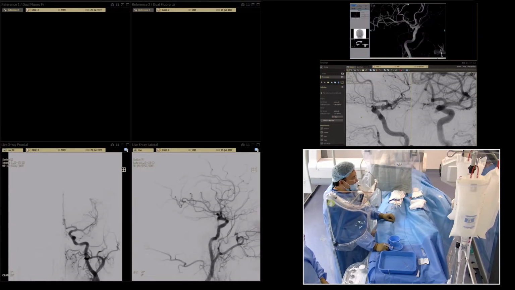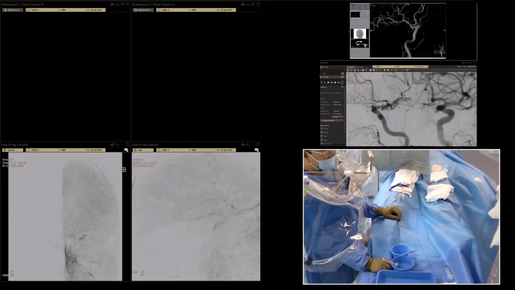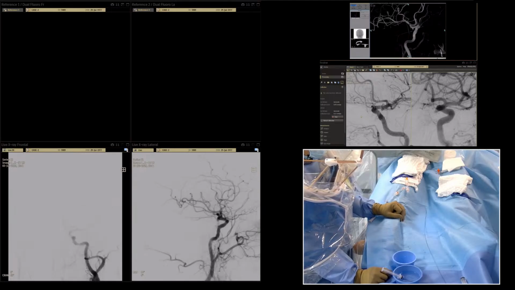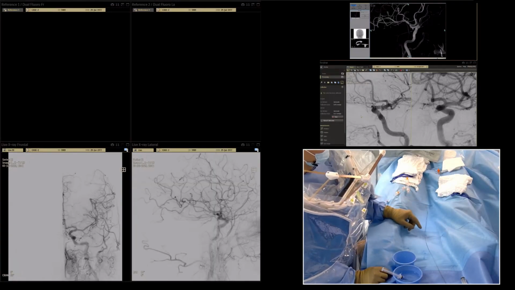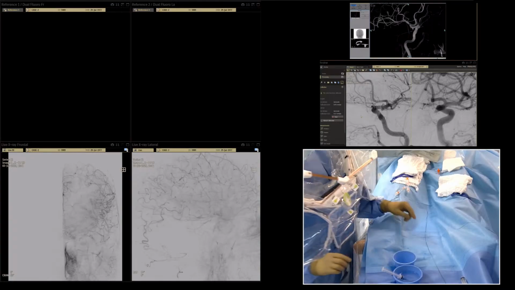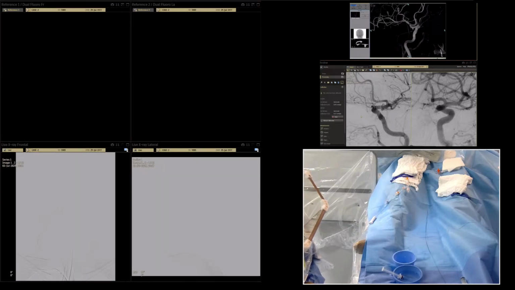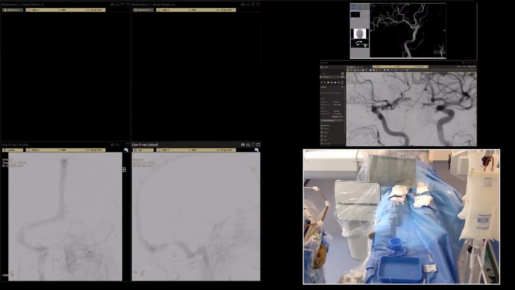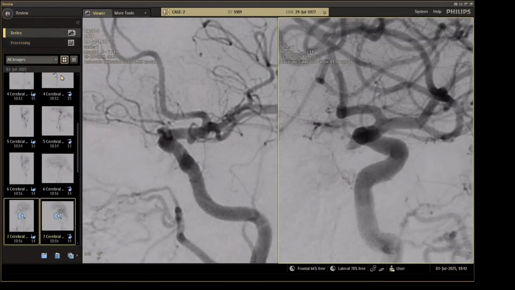I think there is a spasm in the petrosal segment, because before there was none. Yes, it's a spasm. And okay, let's see the venous phase. Okay, you can see there is a contrast difference in the territory.